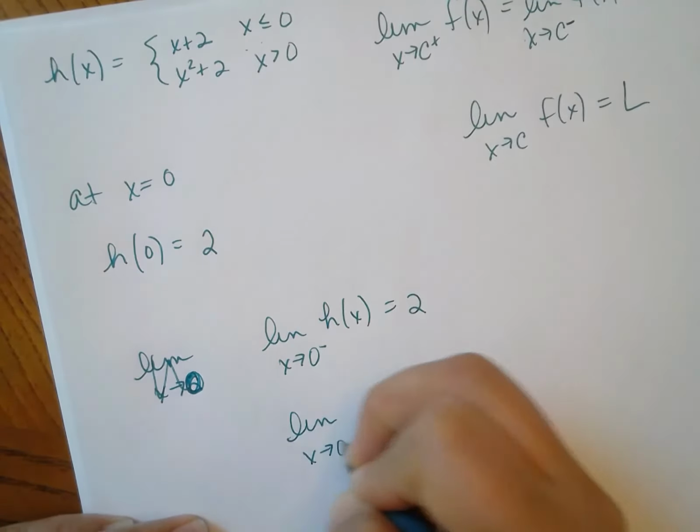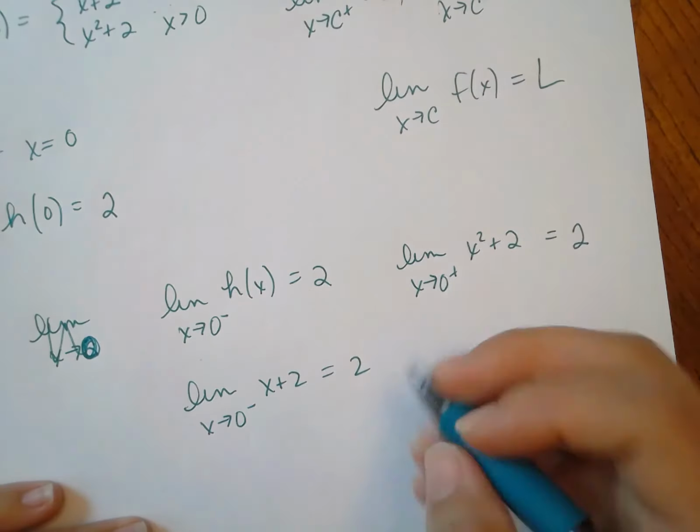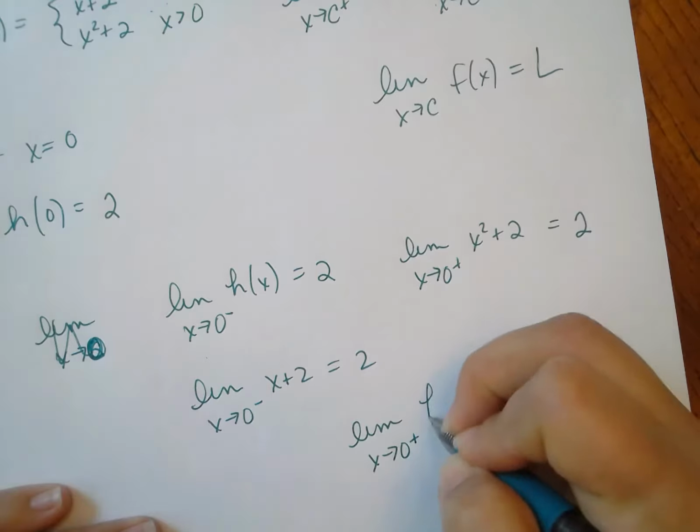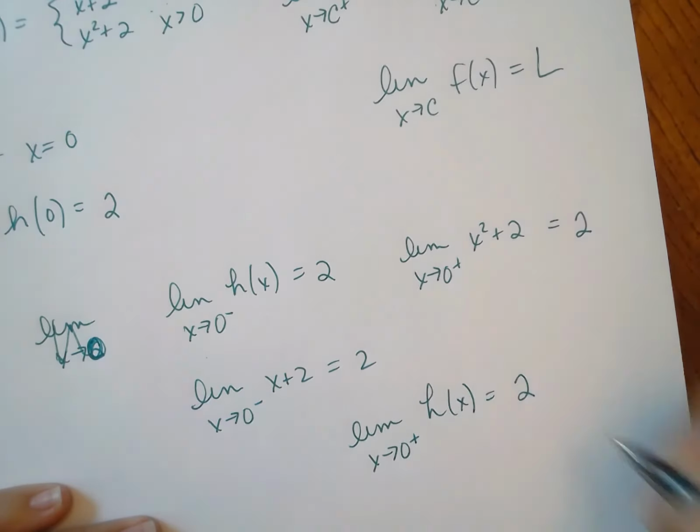So now I need to see, does the right side agree? The limit as x approaches 0 from the right, we come back up here. This is greater than 0, that's bigger, that's from the right. So I get x squared plus 2. And it just so happens that when I plug in 0 here, I get 2 as well. Since my left-hand limit and my right-hand limit exist and agree, the overall limit exists, and it's 2.